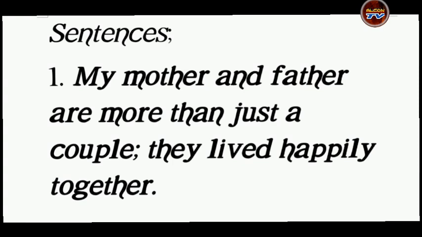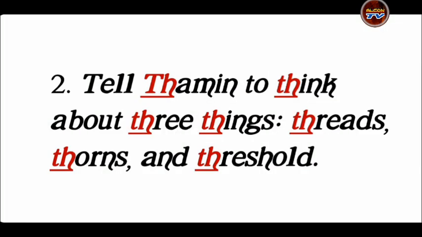Now let's quickly go to the next sentence, which contains the th sound. Tell Thamin to think about 3 things: threads, thorns, and threshold. Now, if you look at the sentence, in the sentence we have quite a number of words again containing the sound th.